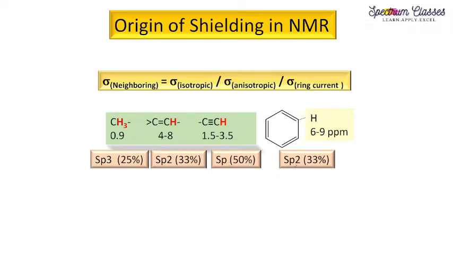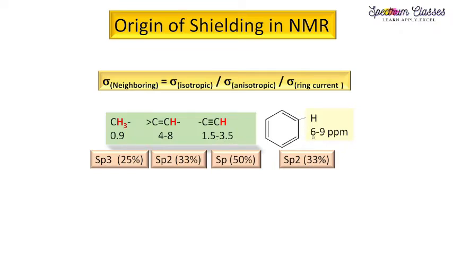Again 33% here. In the absence of any electron withdrawing group, the chemical shift value for the CH3 is 0.9, whereas for C double bond C, it is within the range of 4 to 8. For C triple bond C, it is within the range of 1.5 to 3.5.